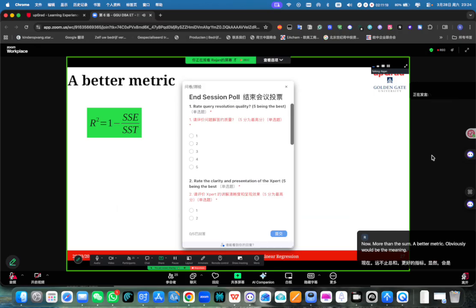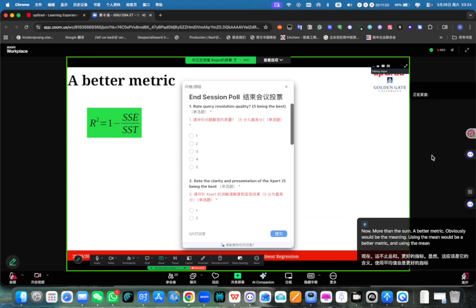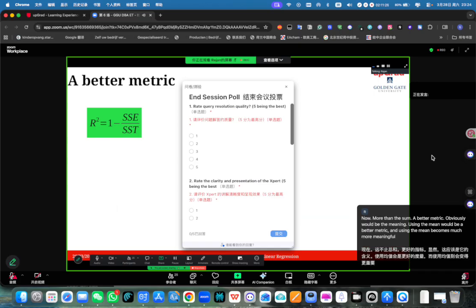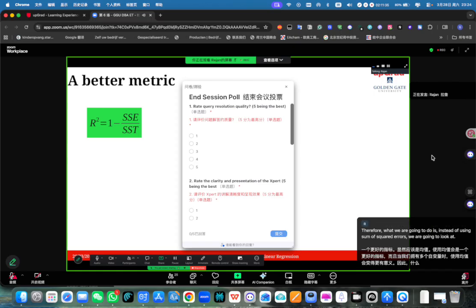Using the mean would be a better metric, and it becomes much more meaningful when we have more than one independent variable. Therefore, instead of using sum of squared errors, we are going to look at mean of squared errors: mean of squared total errors, mean of squared residual errors, mean of squared regression errors.